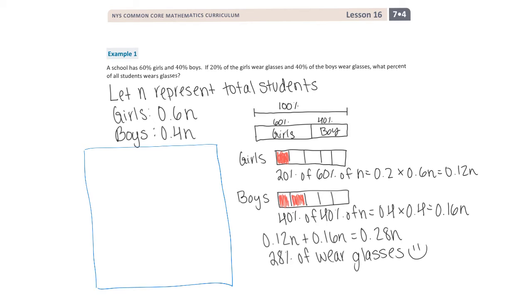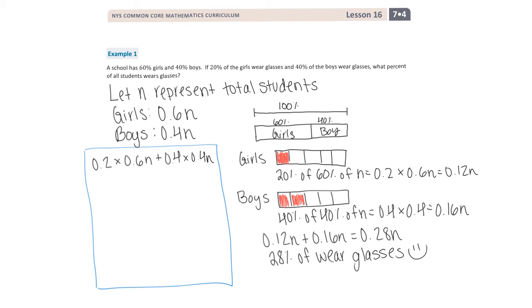Another way about going from this problem is we know that 20% of the girls wear glasses, and we can show that as 0.2 times the 60% of girls. So we have 0.6 N plus 0.4, which represents the 40% of boys that wear glasses, times 0.4 N, which represents the amount of boys.